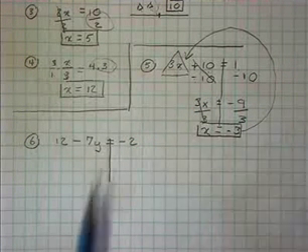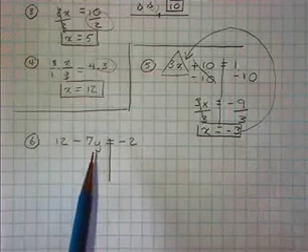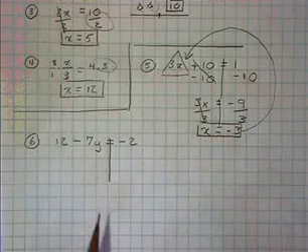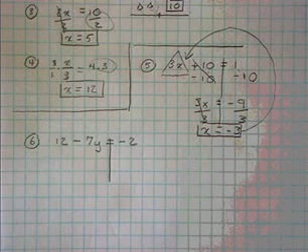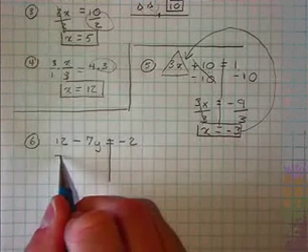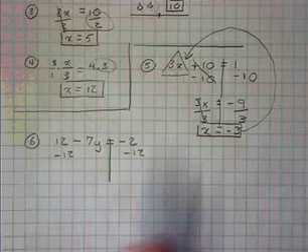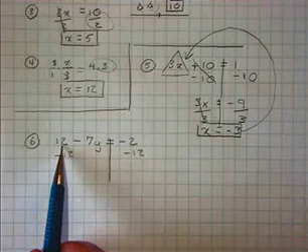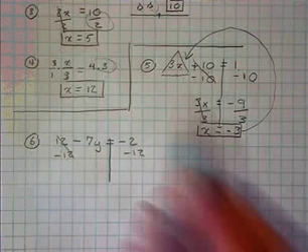All right, so we're trying to get the variable by itself. What's the first thing I could do, Mr. Wilder? Subtract 12 from the side. So I have 12, take away 12. Perfect.